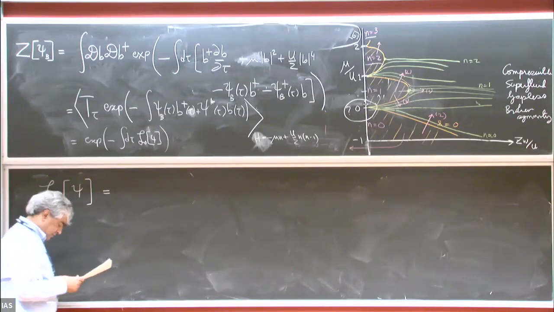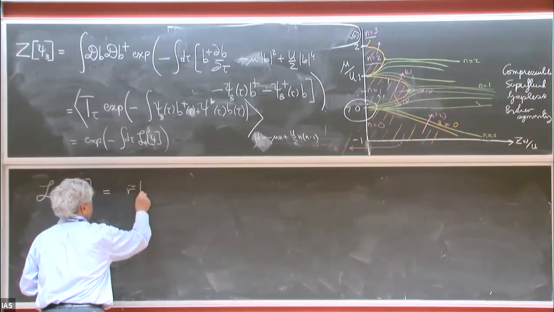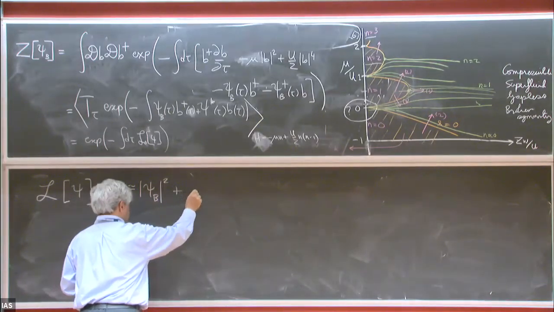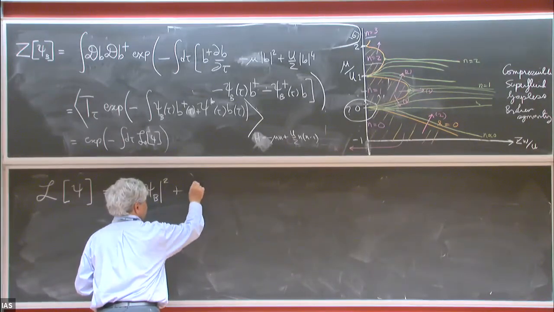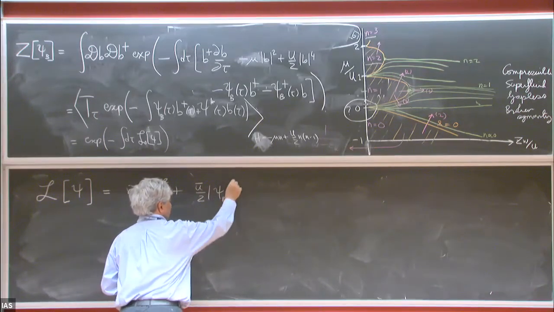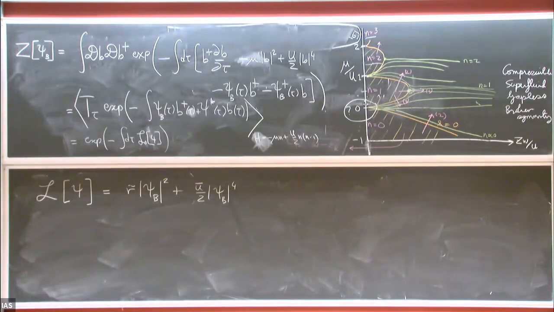The constant terms turn out to be some R tilde psi b squared, plus U tilde over 2 psi b to the 4th. This R tilde is very closely related to the R I had before.